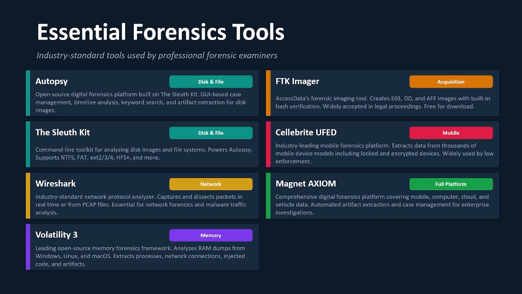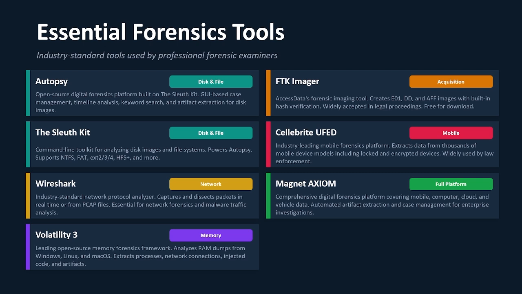Sleuthkit is a command line tool for analyzing disk images and file systems. So those two are kind of one and the same. Sleuthkit is a command line. Autopsy is the graphical user interface on top of that. Both of them are open source and are very easy to install.